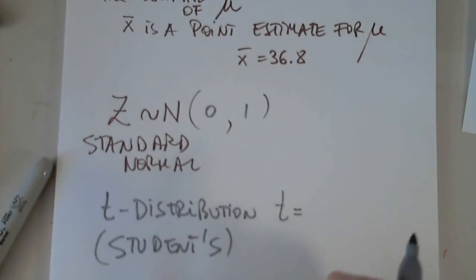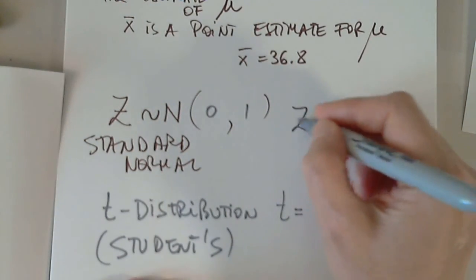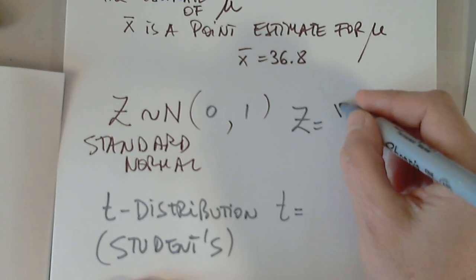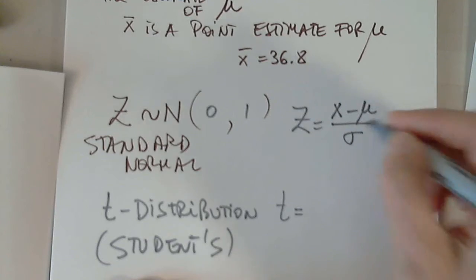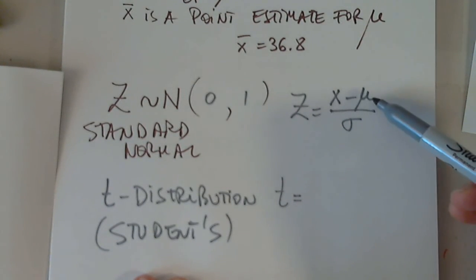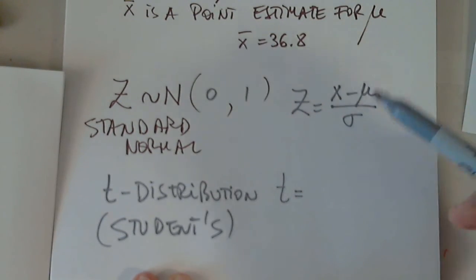T is a ratio similar to Z. Let me refresh your memory what Z was. Z was the entry minus mu divided by sigma: any entry minus the population mean over the population standard deviation.